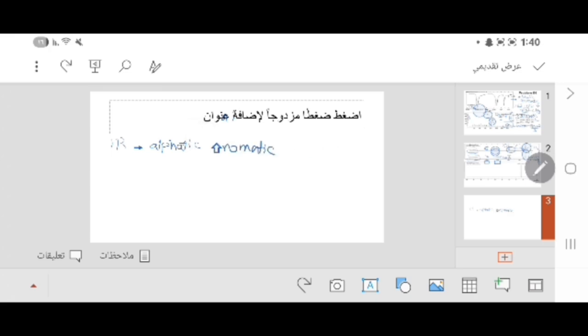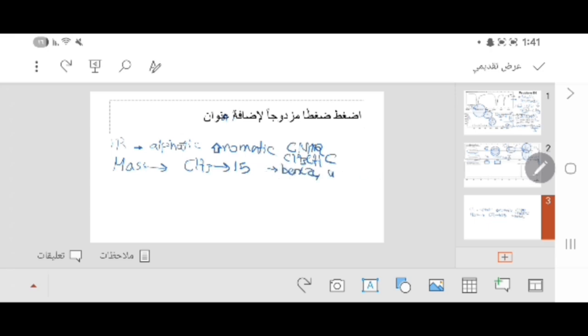From the mass, we have a breakdown of a CH3, which indicates 15, okay? And from the carbon NMR, we have CH3, CH, and C. We also have a benzene and alkane.